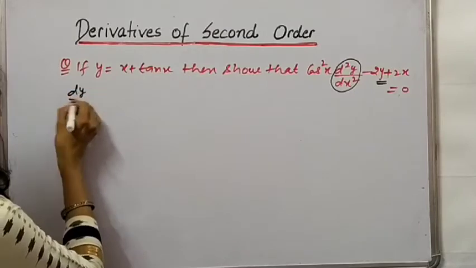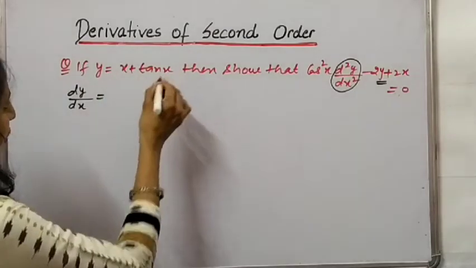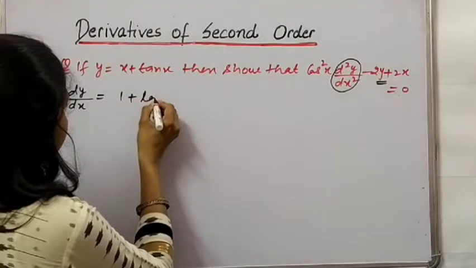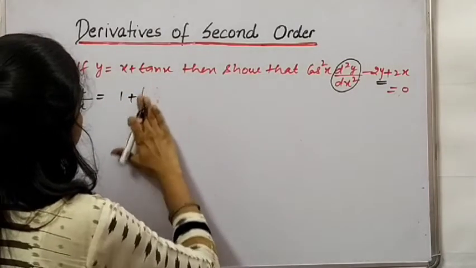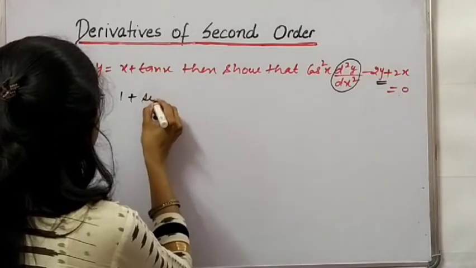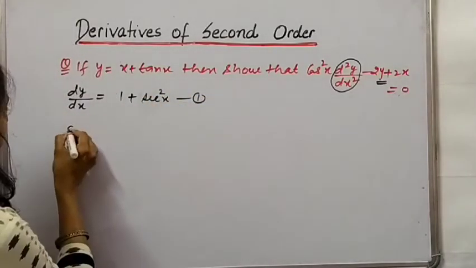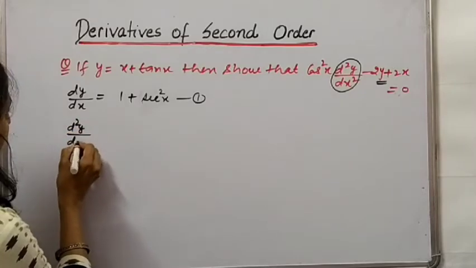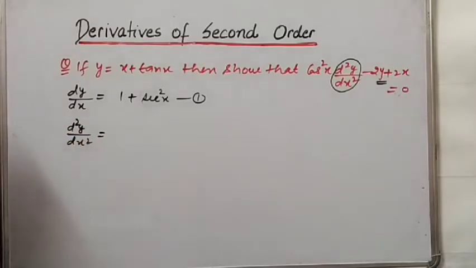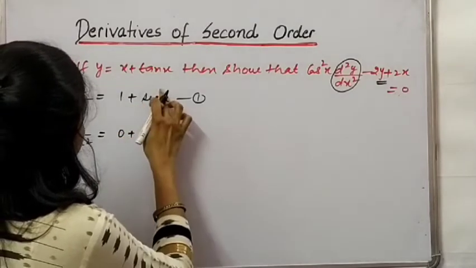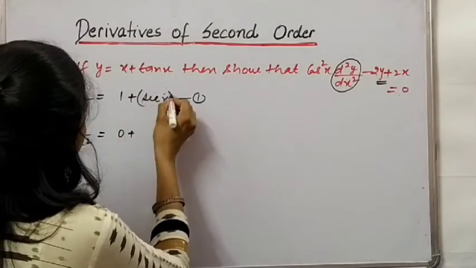So first of all, dy by dx, differentiate both sides with respect to x. So the derivative of x is 1 and the derivative of tan x is secant square x, right? Now again differentiate both sides with respect to x. So d2y upon dx square is equal to the derivative of 1 is 0 and secant square x we can write as secant x whole square.